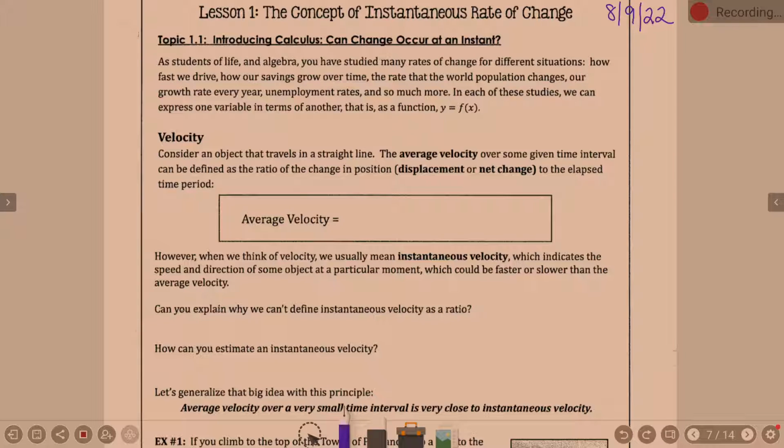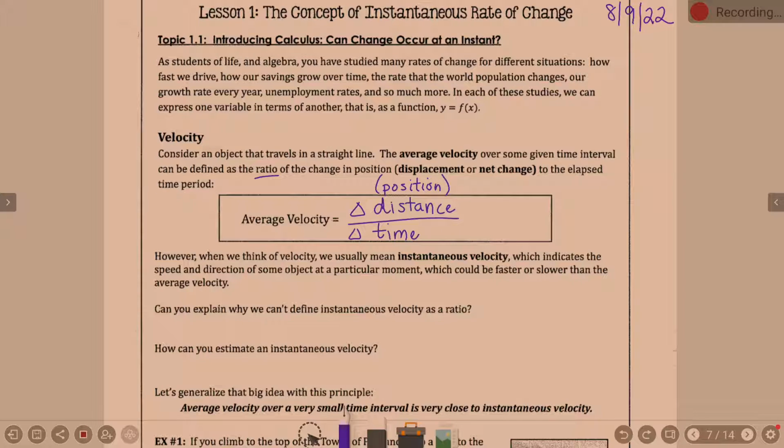You'll notice the word ratio here, and when we talk about average velocity, we usually say change in distance over change in time. You could say change in distance, or you could say change in position, which is what I actually had written in my notes.